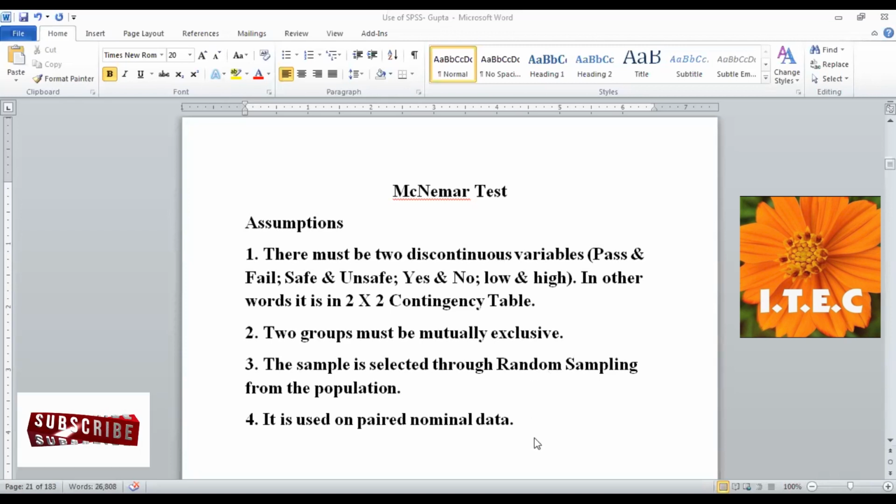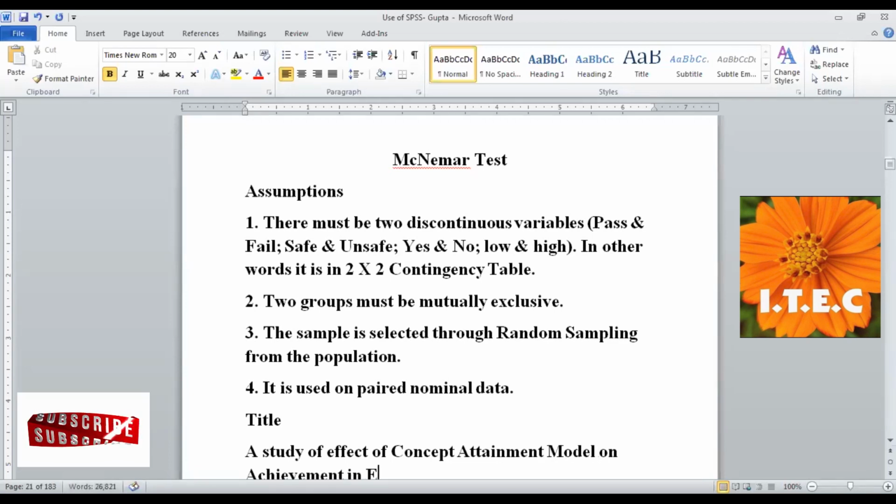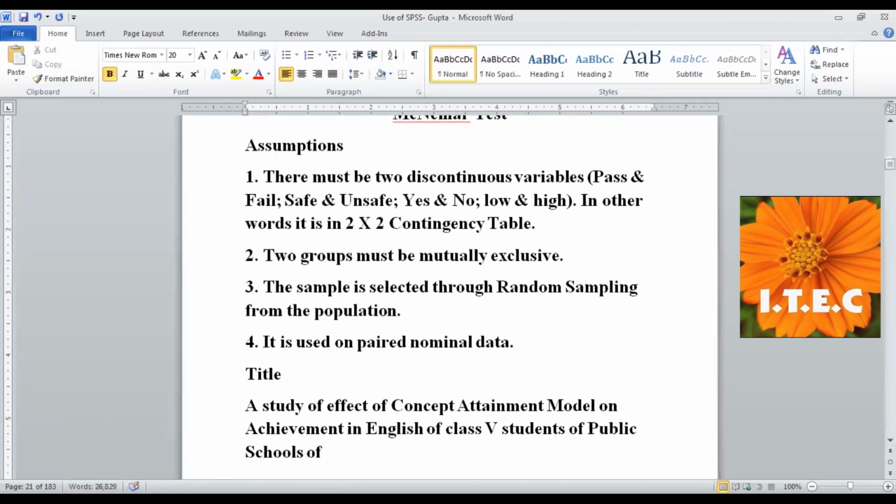Here I can have a title something like this: a study of effect of models of teaching or concept attainment model on achievement in, say, English of class 5th students of public schools of them.